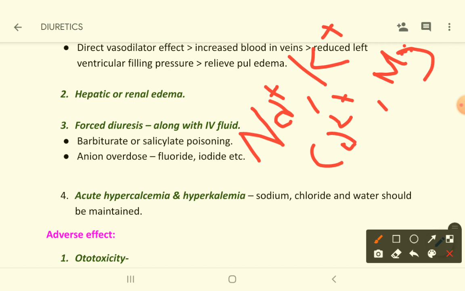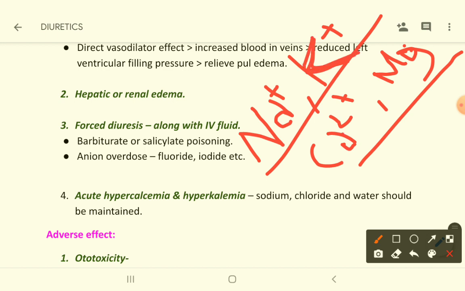So they cause loss of so many electrolytes. So if there is increased potassium, that means hyperkalemia, or increased calcium levels in the blood like hypercalcemia, then you can use these drugs, in acute hypercalcemia and hyperkalemia.